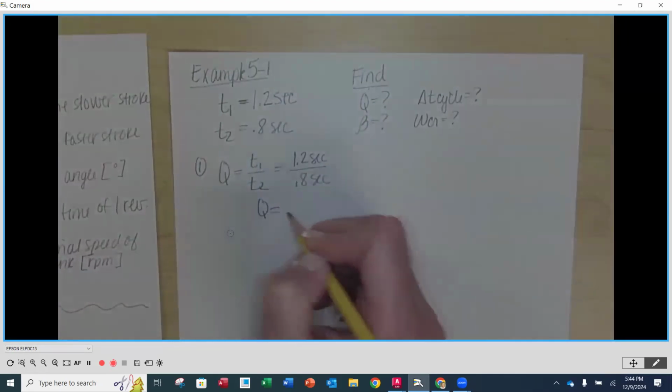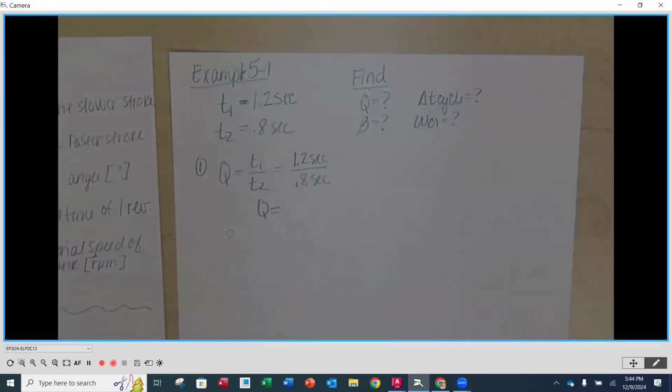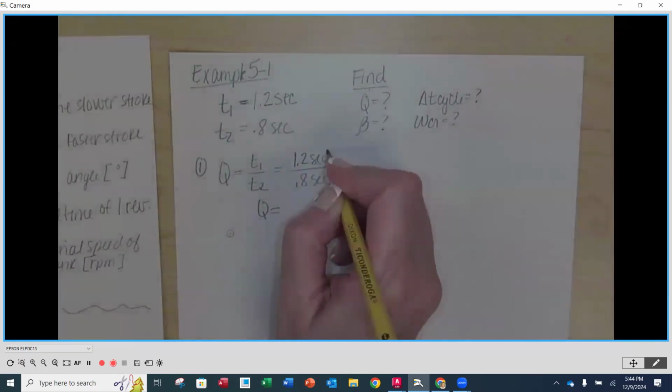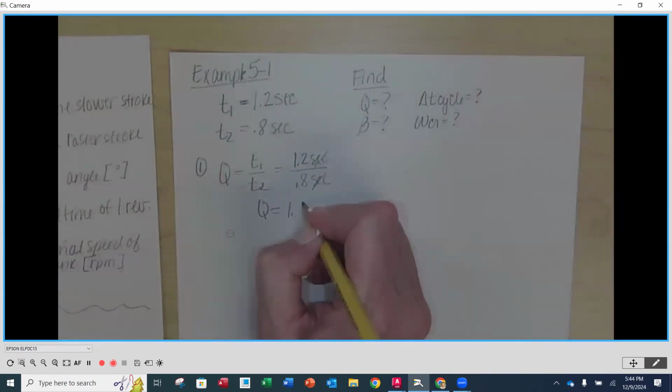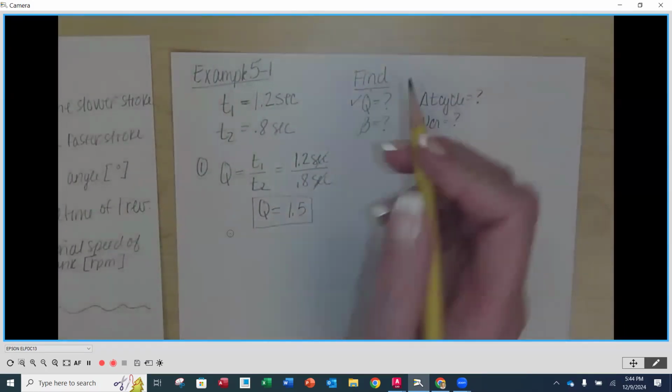What do we get for that value? 1.5. Did anybody else get that number? Yep. Seconds cancel out here, so there are no units. 1.5 is Q. So that's our first one done.